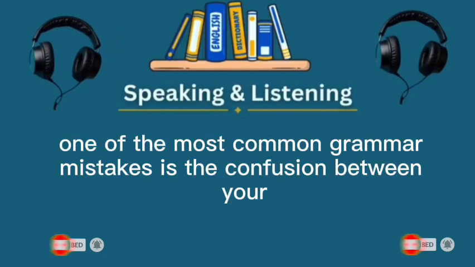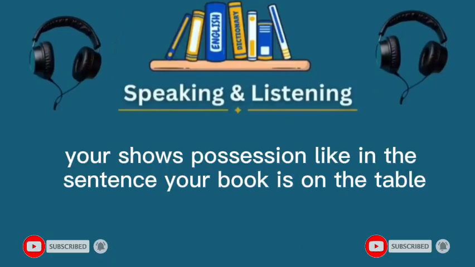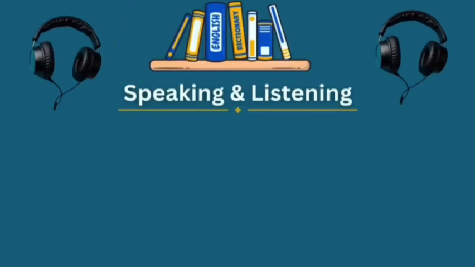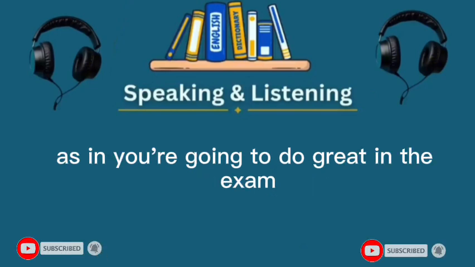One of the most common grammar mistakes is the confusion between your and you're. Your shows possession, like in the sentence, "Your book is on the table." On the other hand, you're is a contraction of you are, as in, "You're going to do great in the exam."